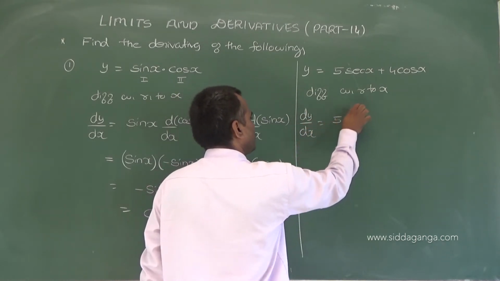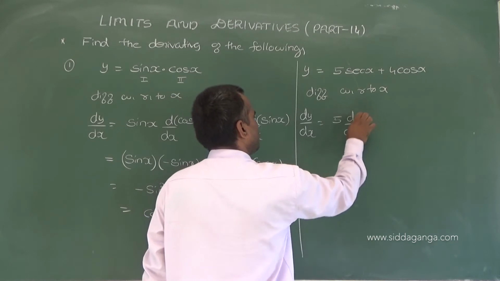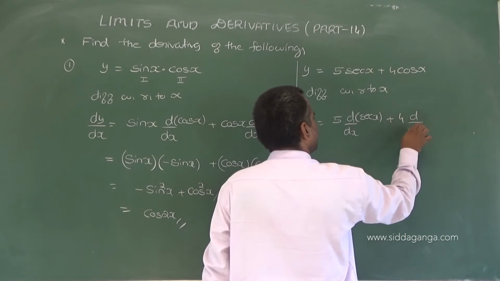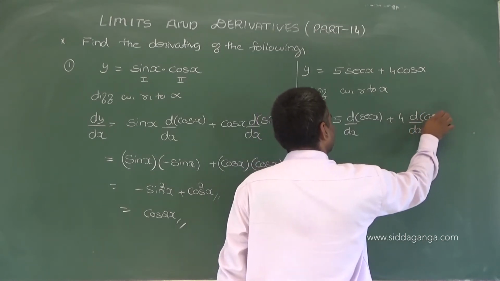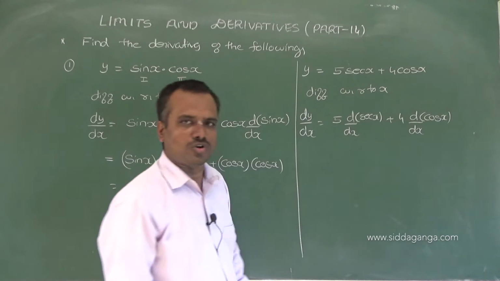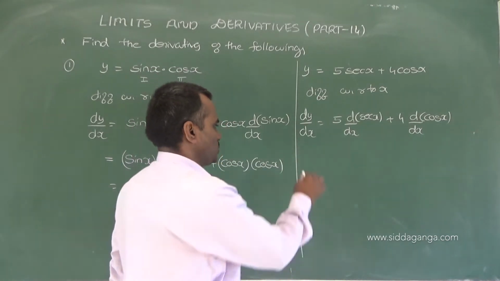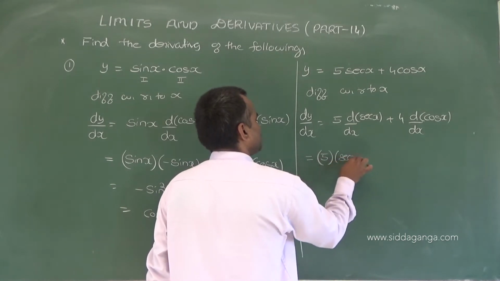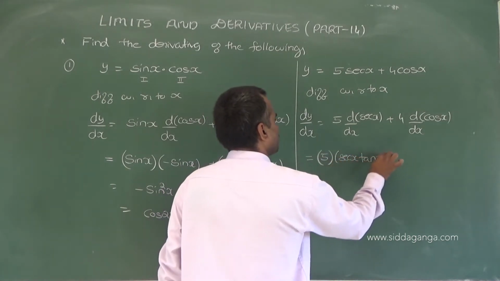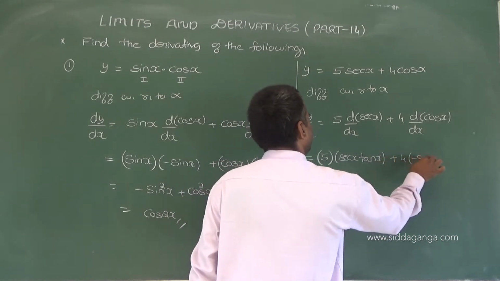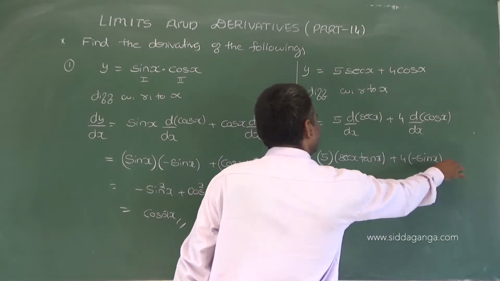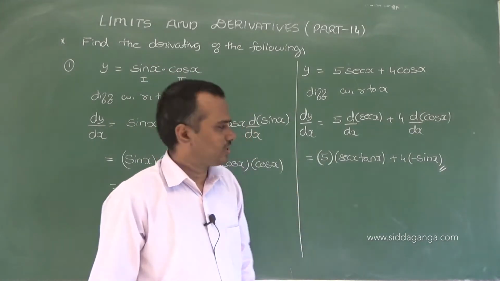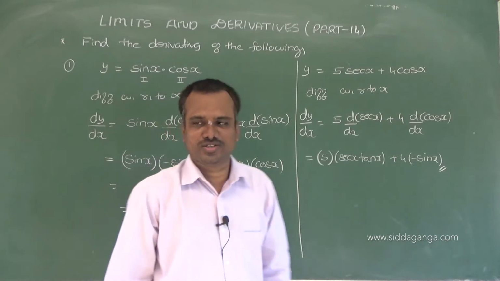Constant 5 into dy by dx of secant x plus 4 into dy by dx of cos x. Got my point? So that we write the answer: 5 into derivative of secant x, which is secant x into tan x, plus 4 into minus sin x. If you stop here only, no problem, keep as it is. Okay, so minus 4 sin x. Next problem.